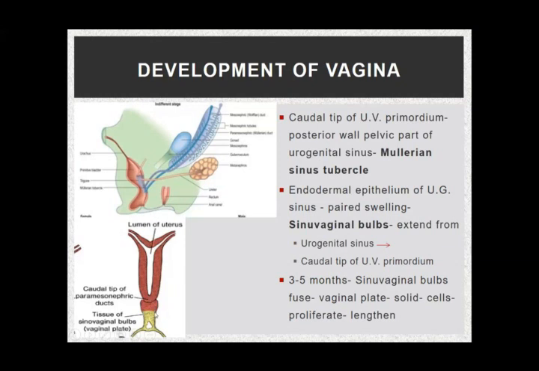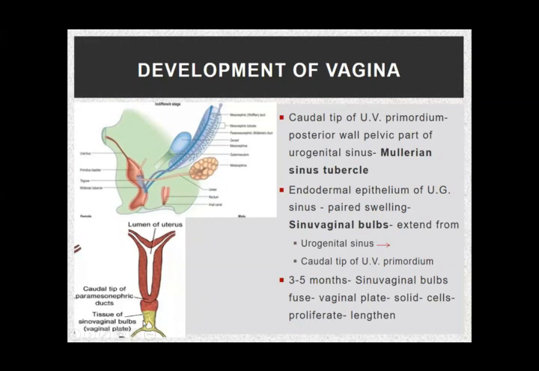So these two sinovaginal bulbs arise from the urogenital sinus and grow towards the uterovaginal primordium. Now, between the 3rd and 5th month, these sinovaginal bulbs, they were two, one on either side, right and left. They fuse with each other.